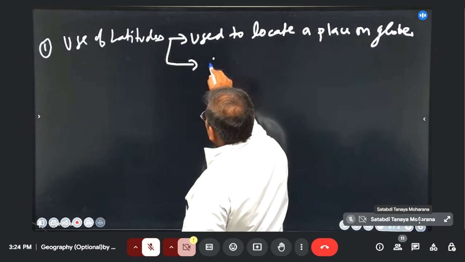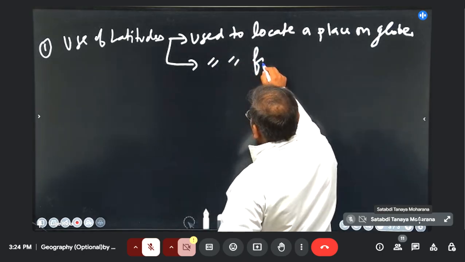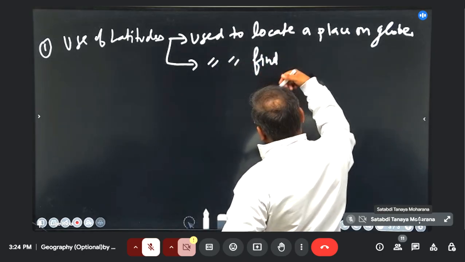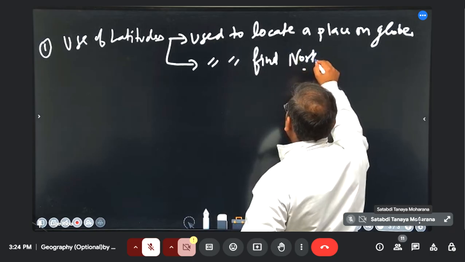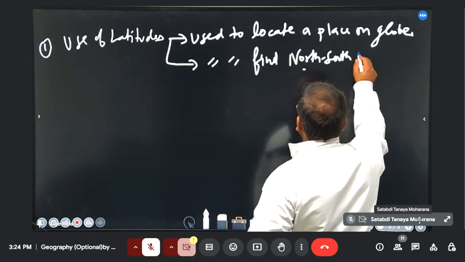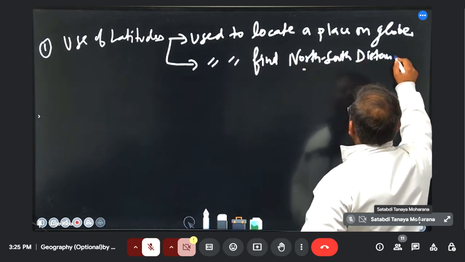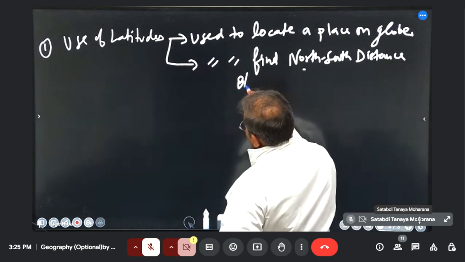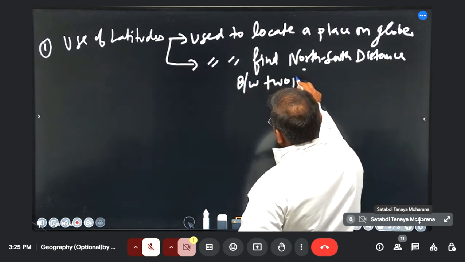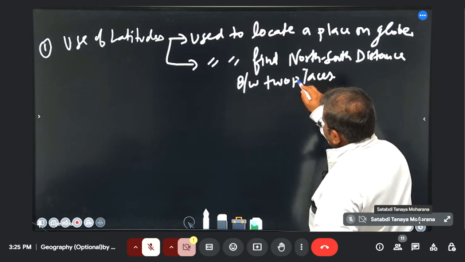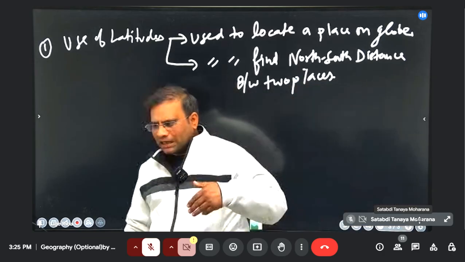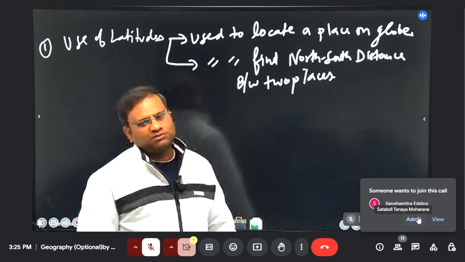They are also used to find the north-south distance between two places. Why? Because they are parallel to each other, equidistant from each other.